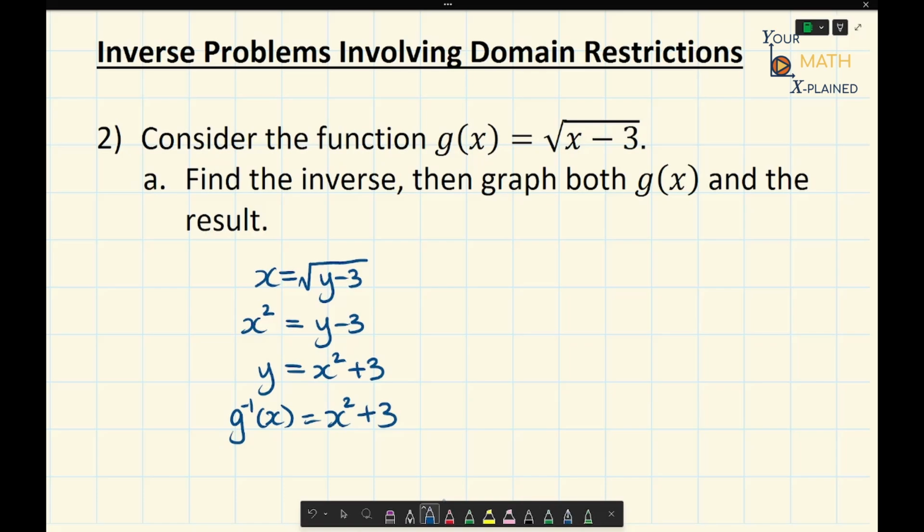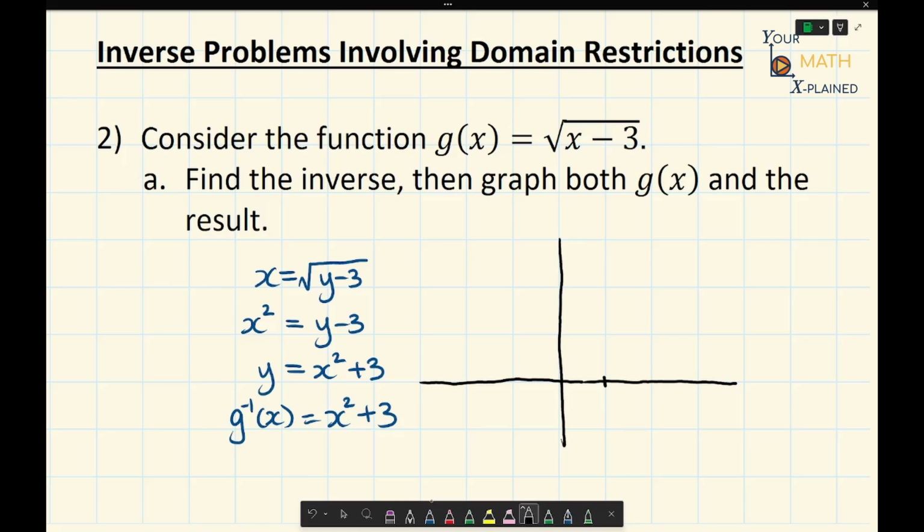So let's go ahead and graph our g of x and our g inverse of x. Okay, so we're going to do a quick graph. So original graph is the square root of x minus 3. And that is going to look something like this.